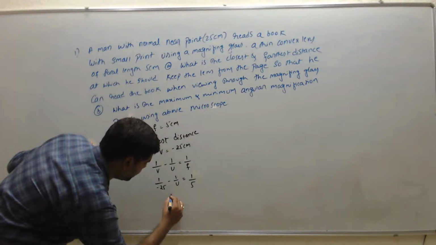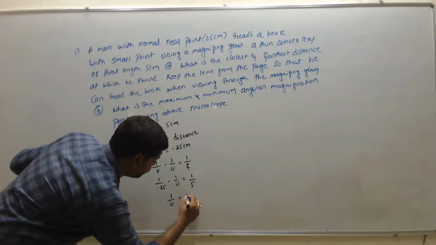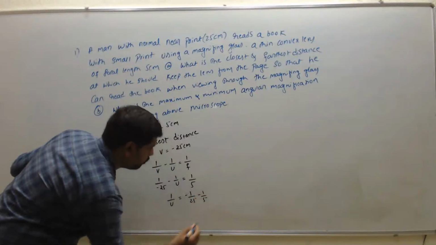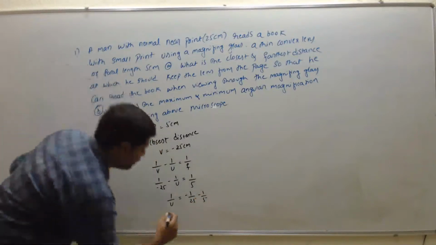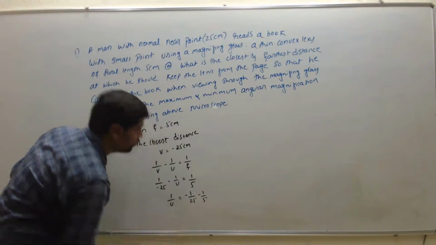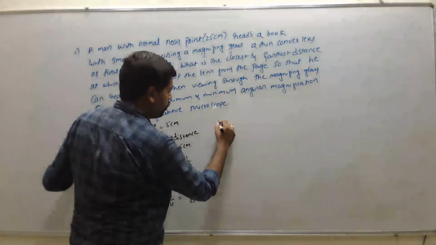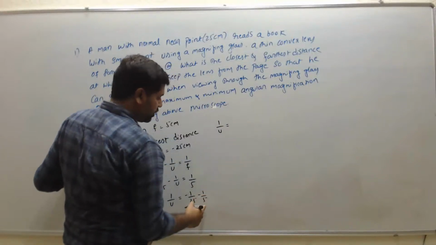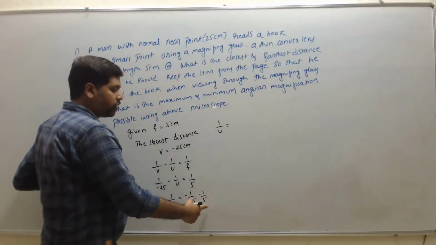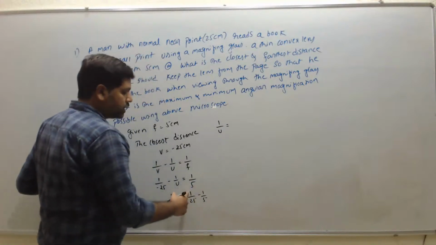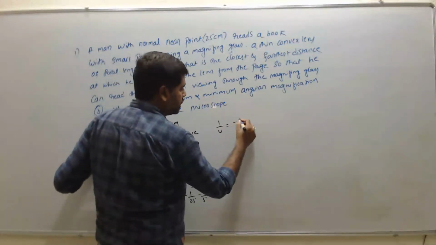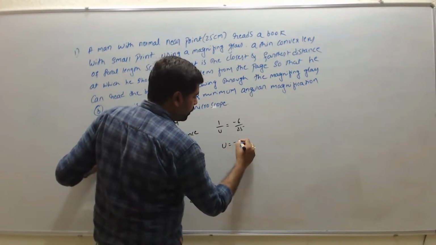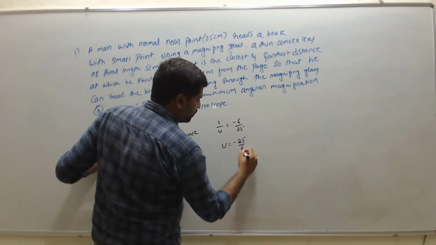If we shift, 1 by u equals minus 1 by 25 minus 1 by 5. The LCM of 5 and 25 is 25, so that is minus 1 minus 5, that is minus 6 divided by 25, then u equals minus 25 by 6.